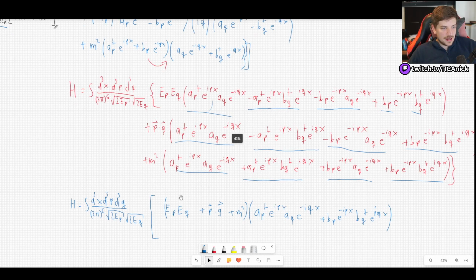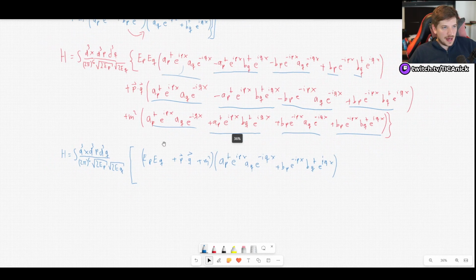All right, and then we have these intermediary terms. So then we have plus, and this time these are multiplied by E_p E_q and p dot q. That's true. So E_p E_q plus p dot q. But now there is a difference, because now there is a minus sign in the m squared. So we have to write minus m squared.